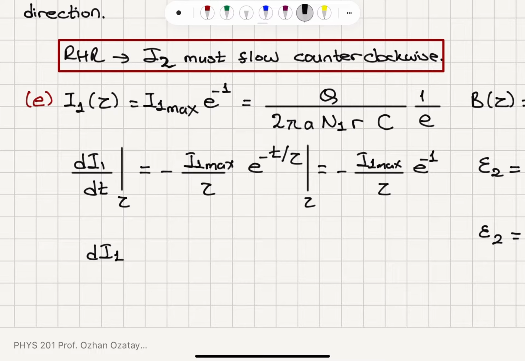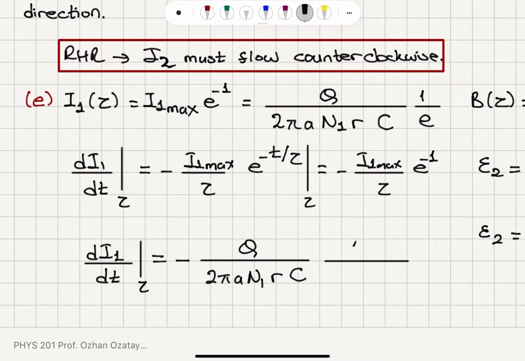di1/dt evaluated at one time constant tau, 1.26 milliseconds, is minus I1 max, which is Q over C, the voltage, divided by the resistance, 2 pi A N1 resistance per length, R1, RC, divided by the time constant tau.